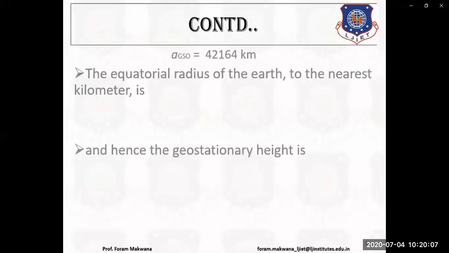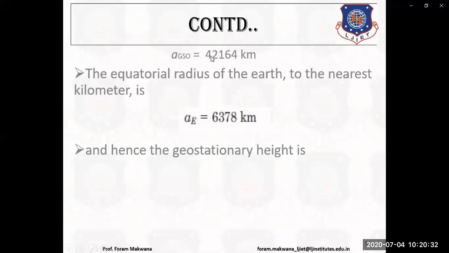Now, based on this, the equatorial radius of the Earth is 6378 kilometers, a_E. Over here, a represents radius and E stands for Earth, that means the radius of Earth is equal to 6378 kilometers. We know that.